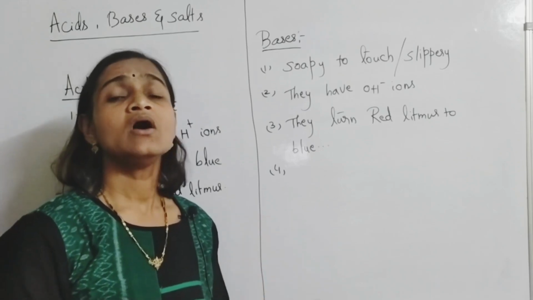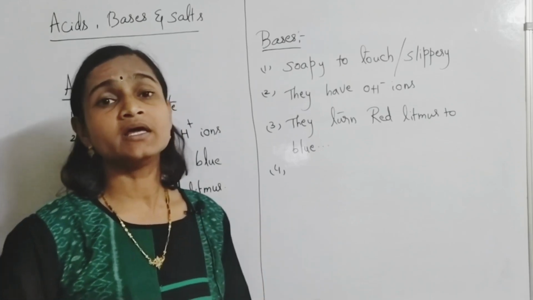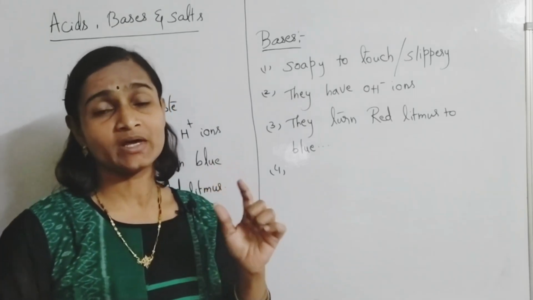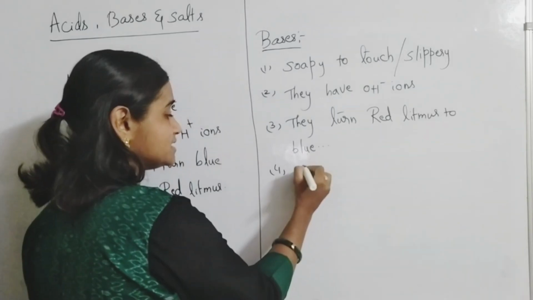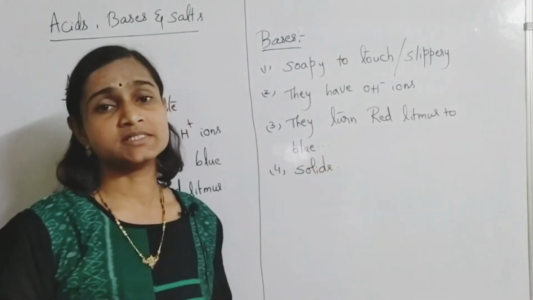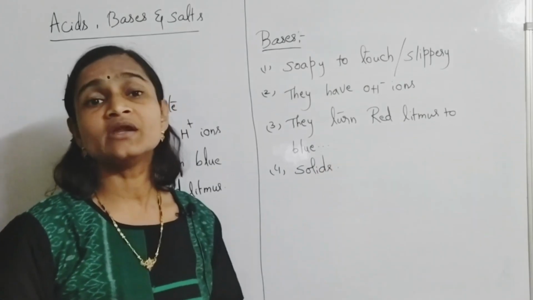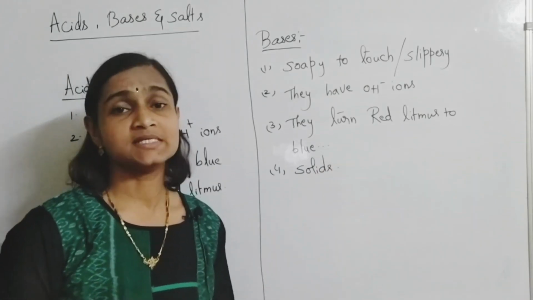Some of the bases like sodium hydroxide appear in the form of small pellets. So they are solids or amorphous powders. These are the general physical properties exhibited by bases.